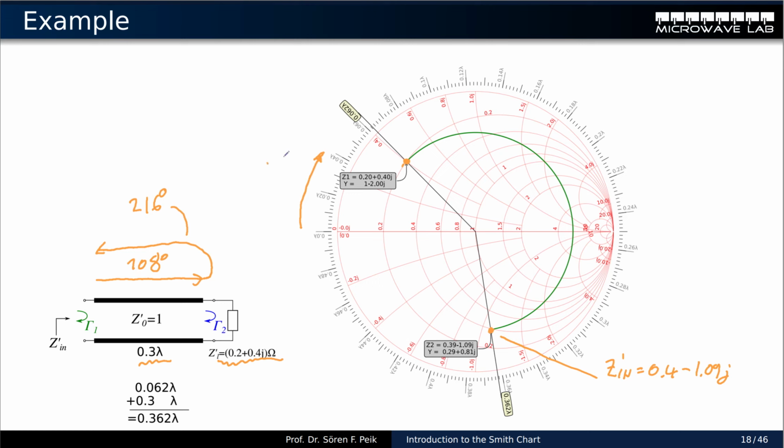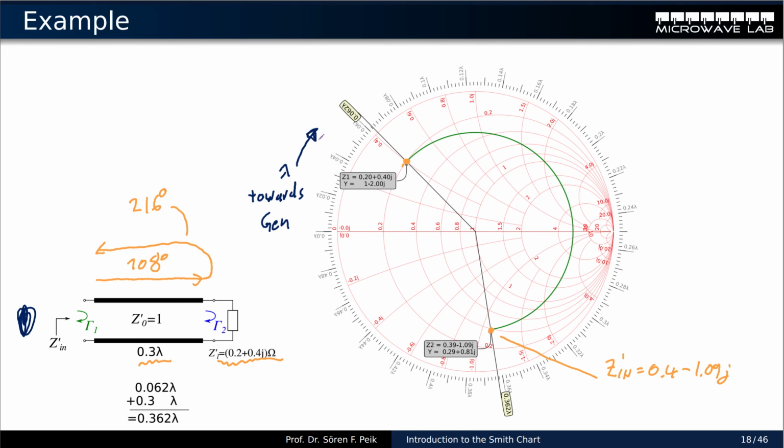Towards generator, because somewhere here we have a generator, and when we move our impedance from the load side to the generator, we always rotate my point in this direction.